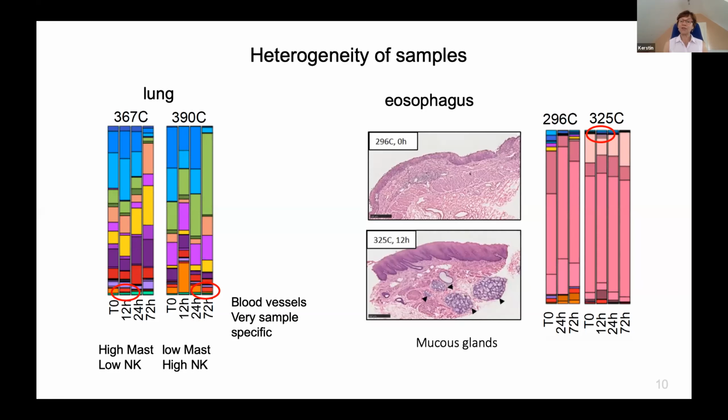So when you're starting with human tissues, this heterogeneity has to be taken into account. And here's another example in the esophagus where there was only one donor where we saw representation of mucosal glands. And indeed, we could also see those glands when we looked at histology sections from those individuals.